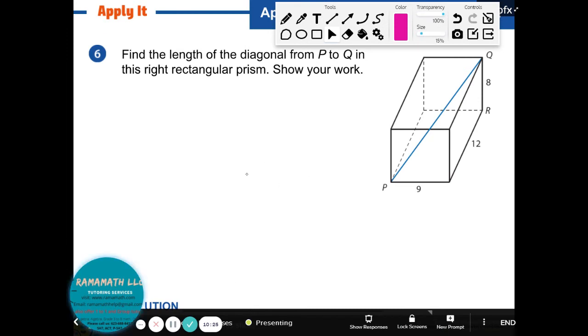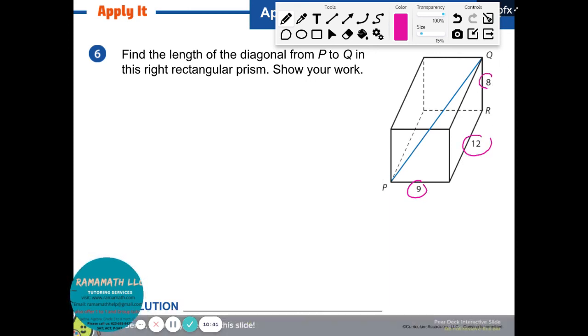All right, next one. Now let's look into the apply portion of this one. So there's a 9 and then 12 and 8. The rectangular prism side lengths are given to you: 9, 12, and 8. One way you can find the diagonal is to use the Pythagorean theorem for this bottom part, and then apply it for the top part also.